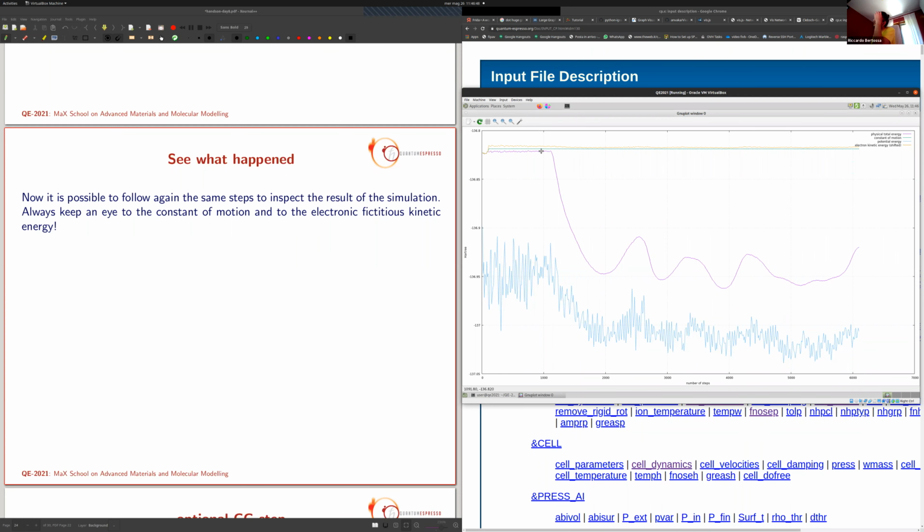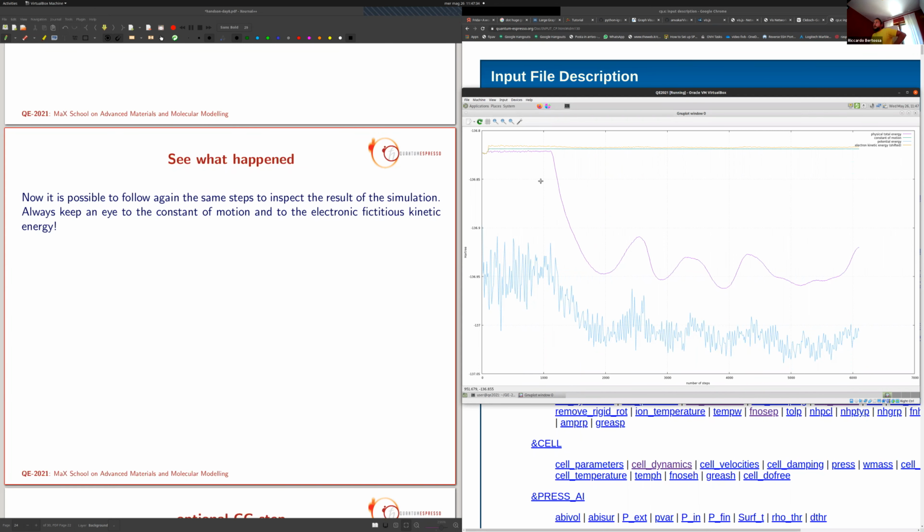From this plot, what you can see, this is the physical total energy, that is the kinetic energy of the ions plus the potential energy of the ions, that in this case is the density functional theory total energy. You see that it starts to oscillate. It is no more an approximate constant of motion, because I remind you that the exact constant of motion is the one that includes also the electronic degrees of freedom, plus, of course, the thermostat degrees of freedom, that are the additional variables that you introduce in the equations of motion to fix the temperature.